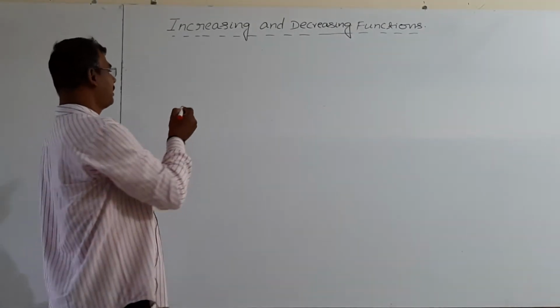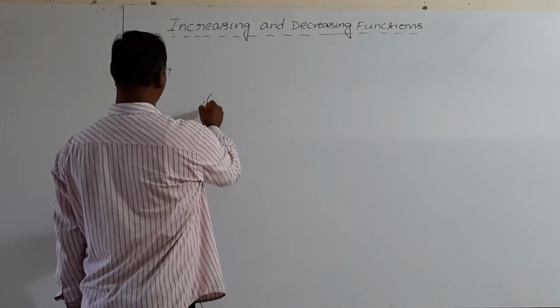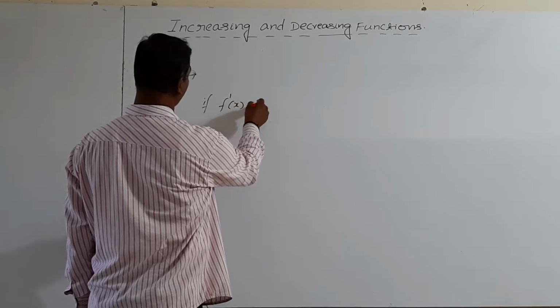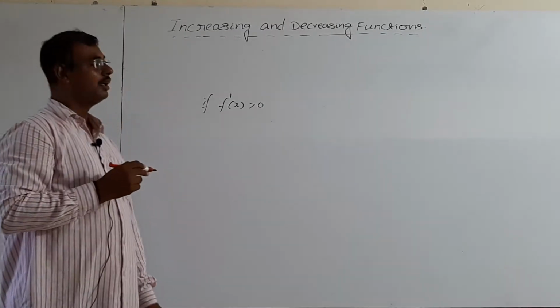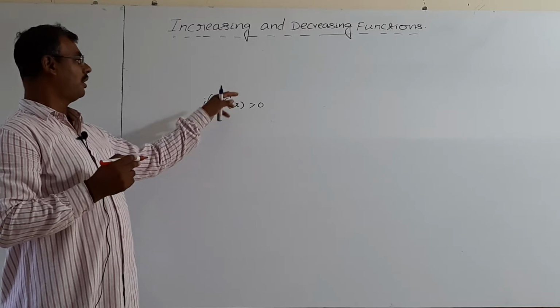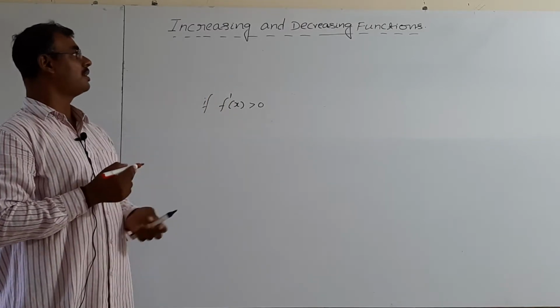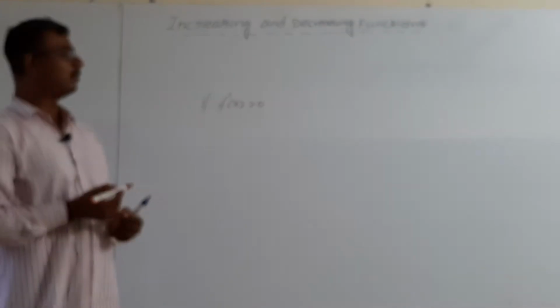What is an increasing function? If f dash of x is greater than 0, then f is called an increasing or strictly increasing function in the closed interval a comma b.